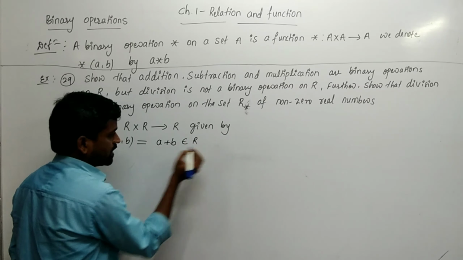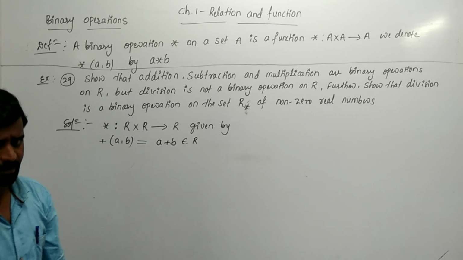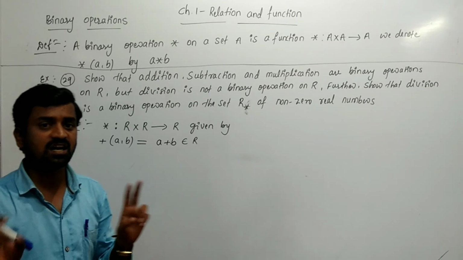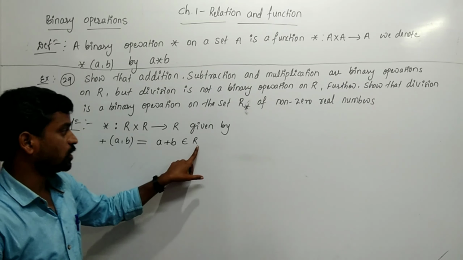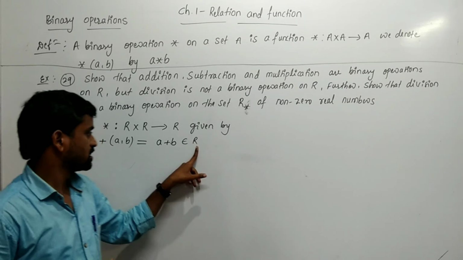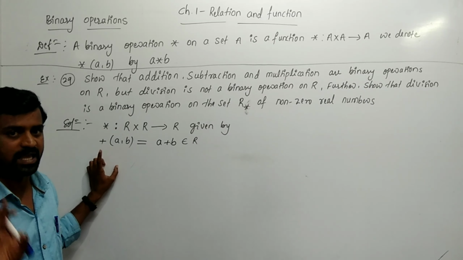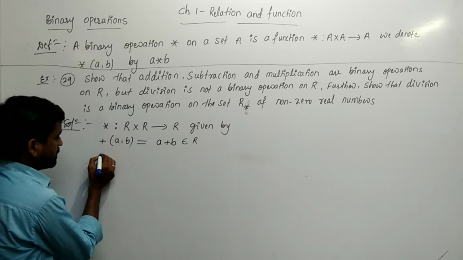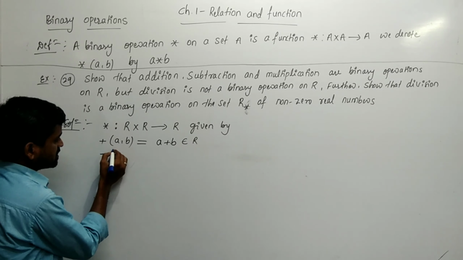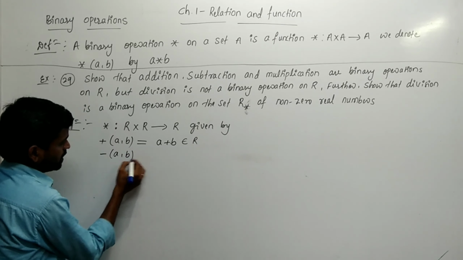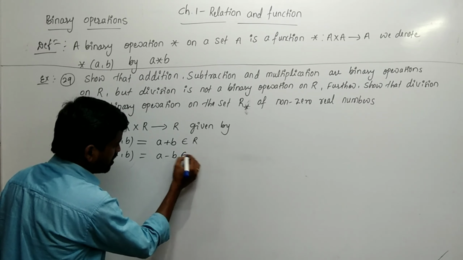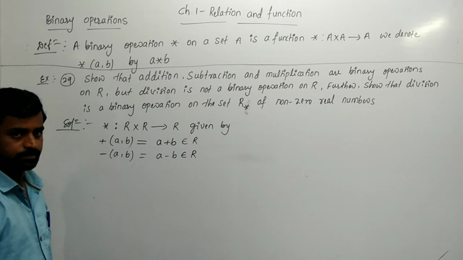belongs to real numbers. You take any real numbers, then addition of those two real numbers, you get again a real number. Therefore, addition is a binary operation on real numbers. Then subtraction, minus of a comma b, is a minus b, which also belongs to real numbers.